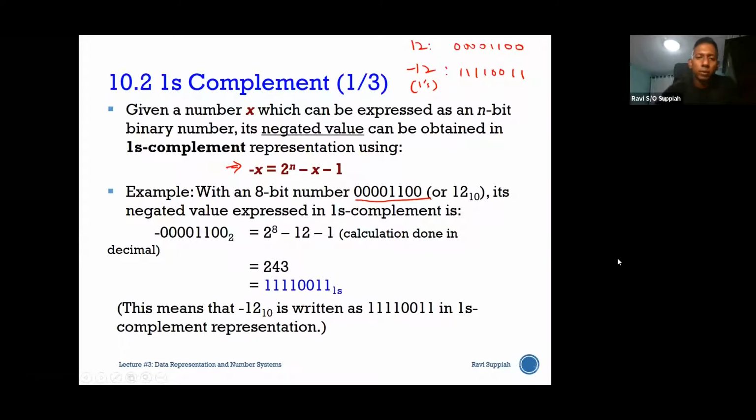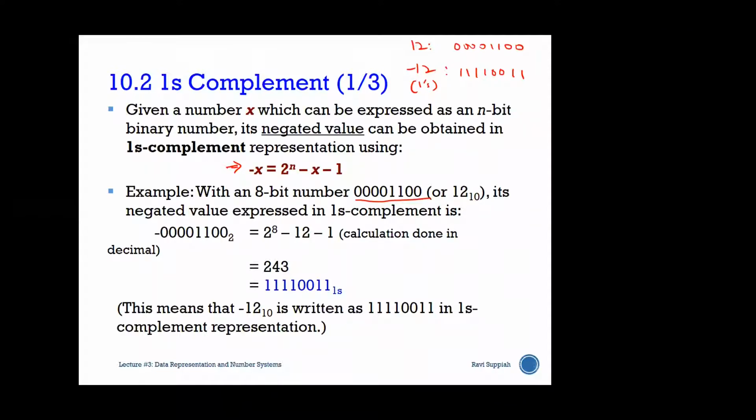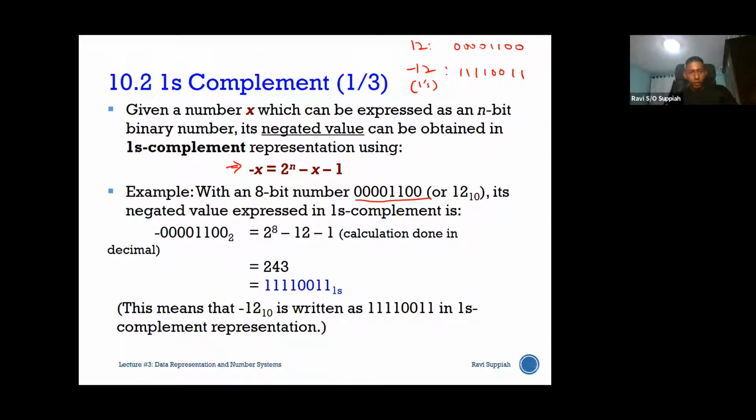So why is this important? Because right now, when I keyed in 11110011, it is interpreting it as an 8-bit value.